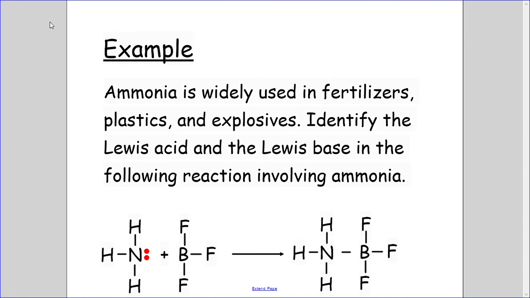Alright, so when we take a look at this, we notice that it makes just one product at the end, so looking at the product side doesn't really help us. If we look at the reactant side, remember that we're looking for a Lewis acid and a Lewis base. Lewis acids accept a pair of electrons, Lewis bases donate a pair of electrons.